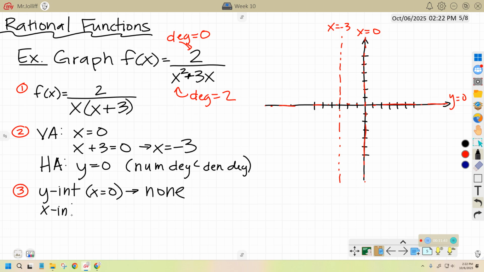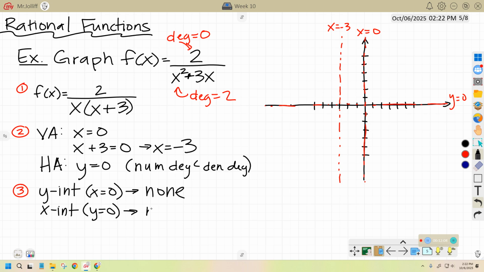Same thing for x-intercepts. X-intercepts, y is equal to 0. Looking at that function, are we ever going to cross the x-axis? No. Why no? Because there's an asymptote there. Very good. We started off by saying we have a horizontal asymptote at y equals 0.